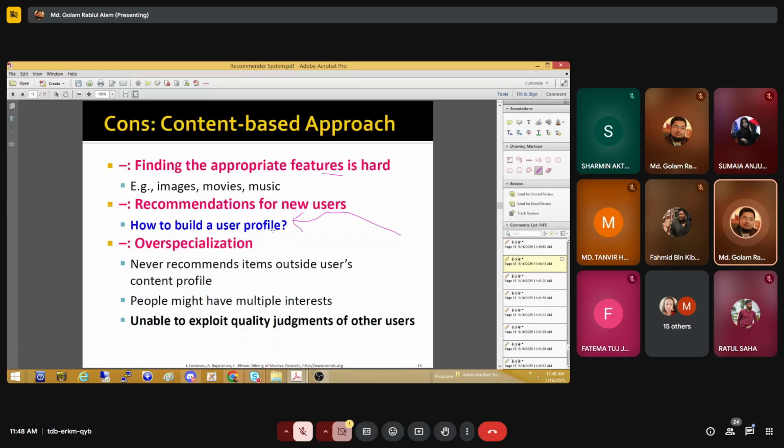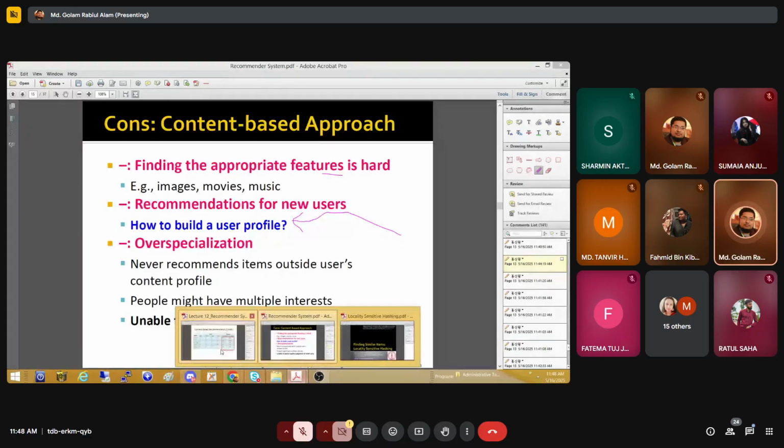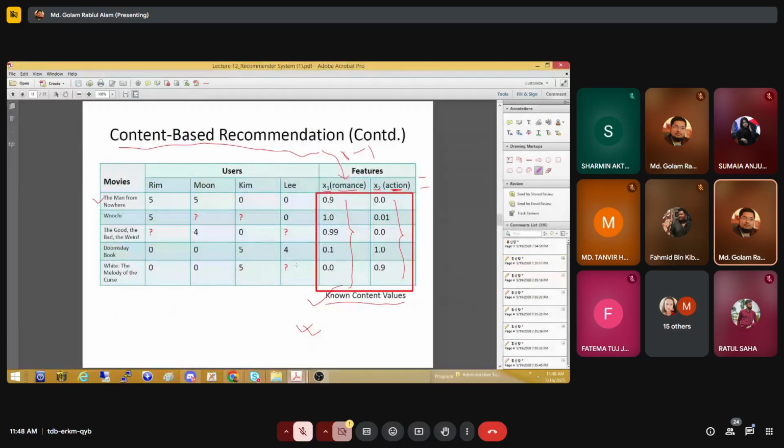So now I want to show the method of content-based recommendation systems, with one example. If you think about it, these are the users, these are the features, and these are the movies.